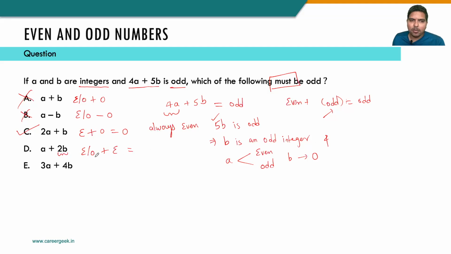Now the same dilemma, it can be even plus even is even, odd plus even is odd, so this is again eliminated. 3a, now 3 times even or odd plus 4 times odd is even, right? Again 3 times even is even plus even is even, 3 times odd is odd, and odd plus even is odd. So leaving out C, every other option has two possibilities, either even or odd. So I hope this is clear.